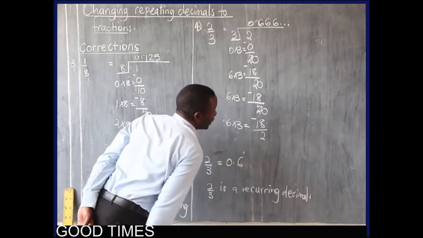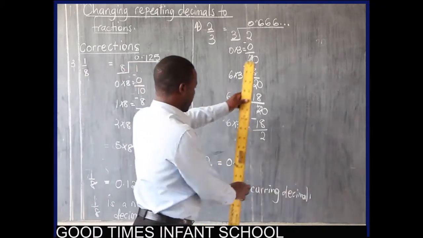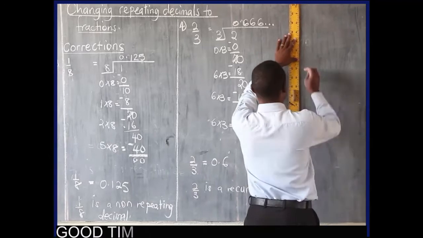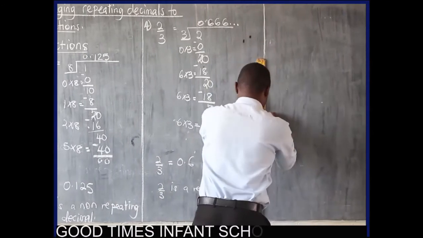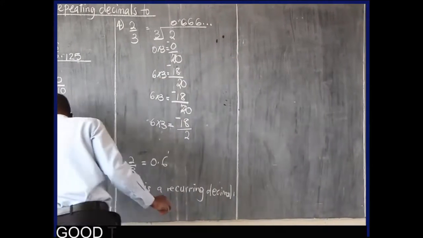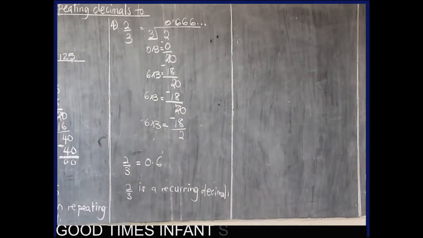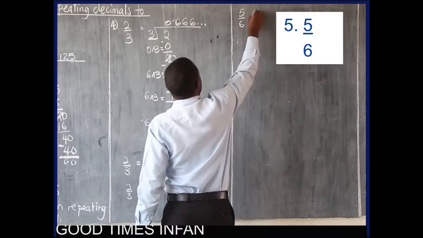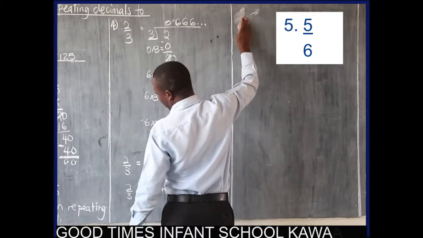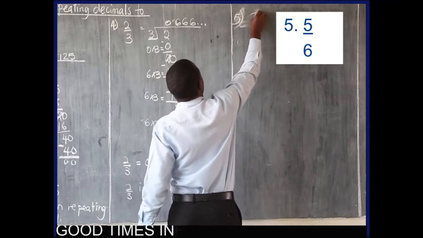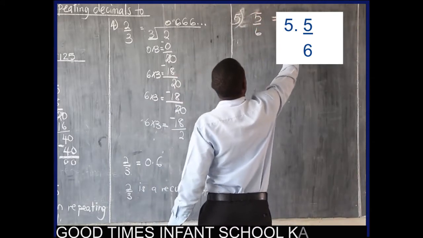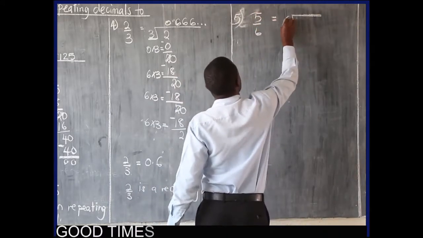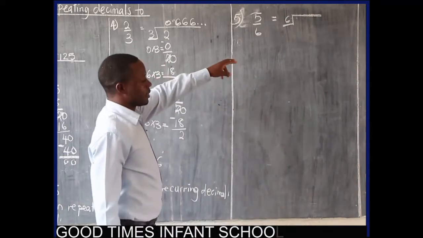Then the last one. The last question says 5 out of 6. Sorry, number 5. So 5 out of 6. Now we are grouping in 6 because we are dividing by 6.